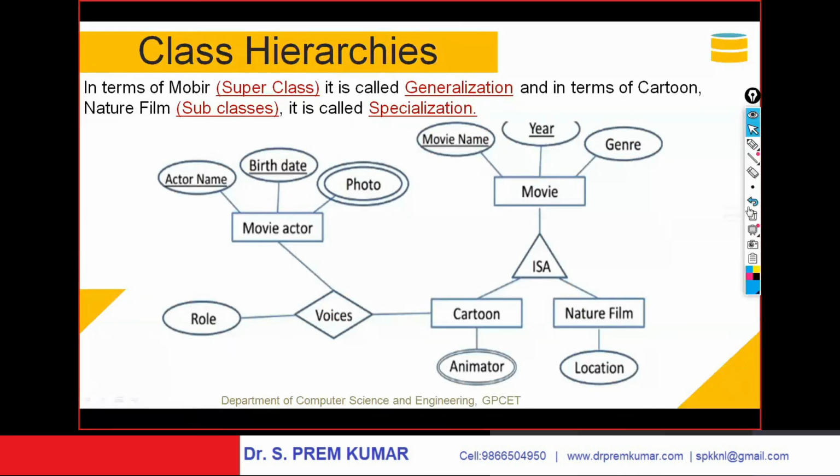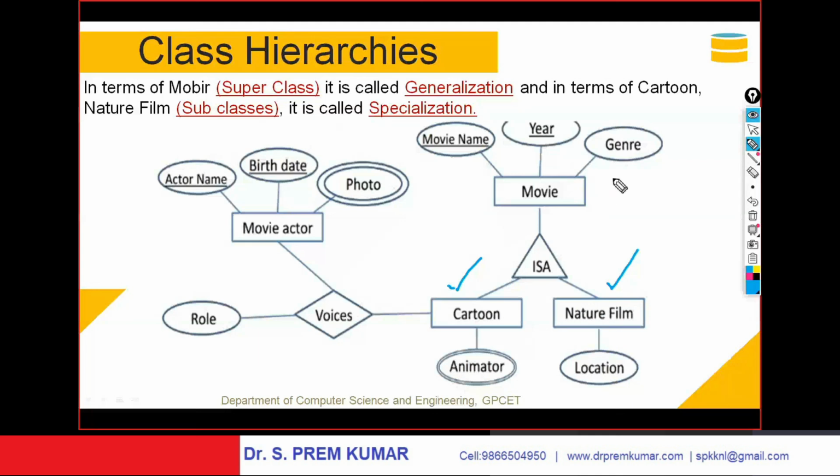Observe here. I'm quoting a few more examples on generalization and specialization. For example, a movie: movie name, year and some genre of the movie. Under movie, there are different varieties: cartoon movies and nature films.